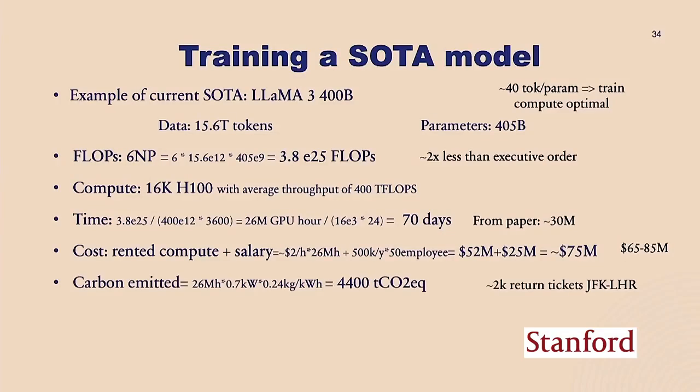Carbon emitted. A lot of people might ask, because cost is not the only thing that is important. So I did the computation. It's around 4,000 tons of CO2 equivalent. That is actually only 2,000 return tickets from JFK to London. So right now, carbon emitted is huge, but it's not meaningful yet.